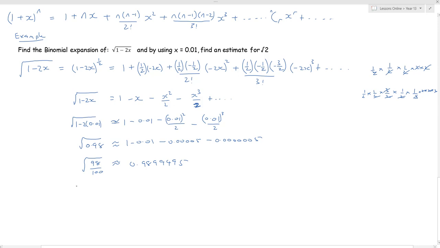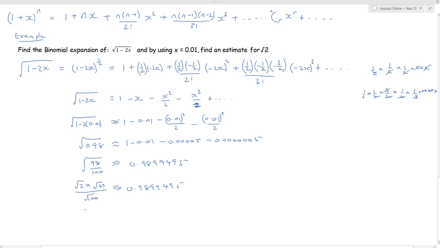Now, square root of 98, half of 98 is 49, which is a square number. Well, I can use that. That means on the top I've got square root of 2 times the square root of 49 as my numerator, divided by the square root of 100 as my denominator. That's very useful because now I've got a square root of 2 there, which I'm looking for. That's approximately equal to 0.9899495.